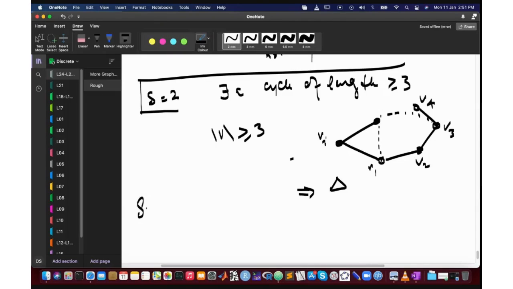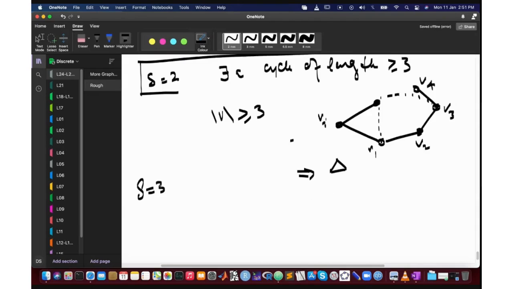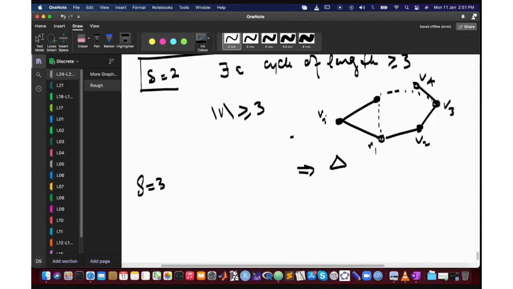How about this case? Minimum degree is 3. You need to find a cycle of length at least 4. How do you solve this? The argument is almost the same. Don't we have to find a cycle of length at least 4, delta plus 1?